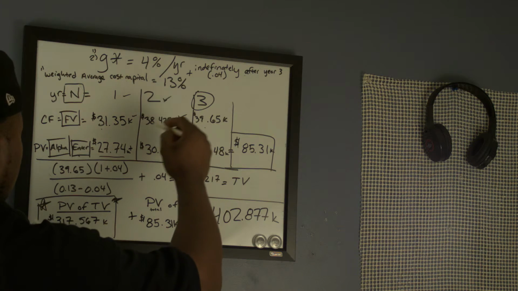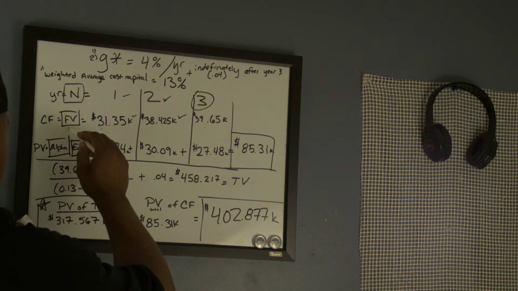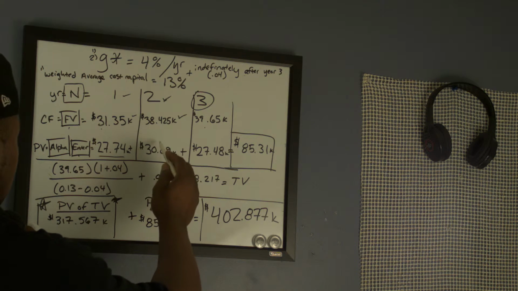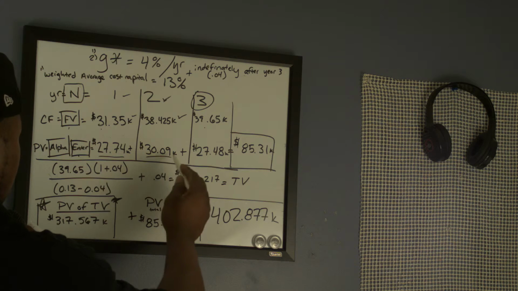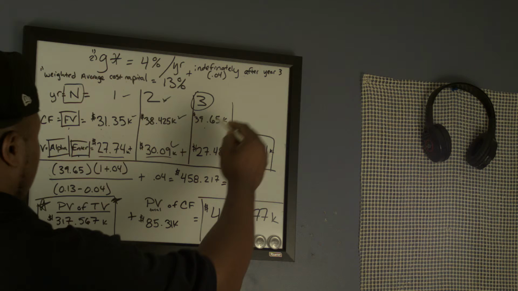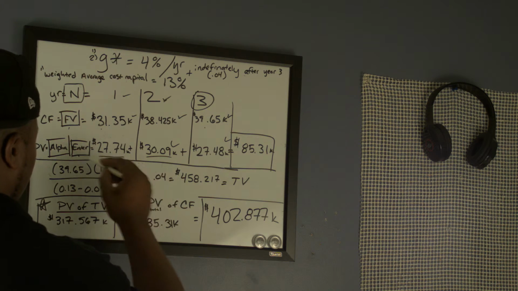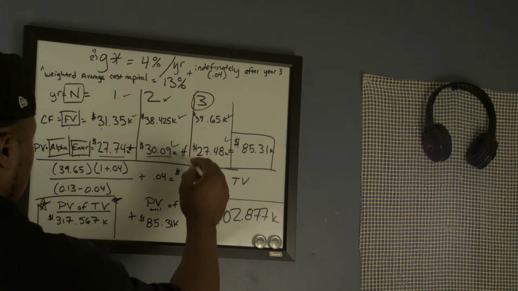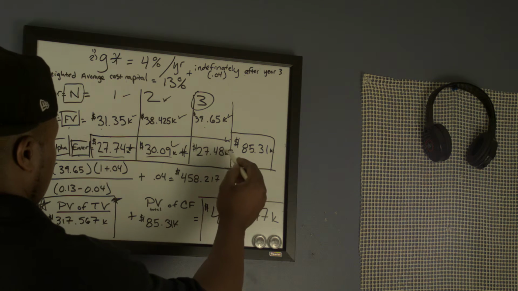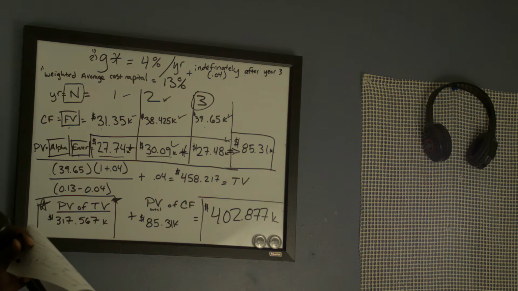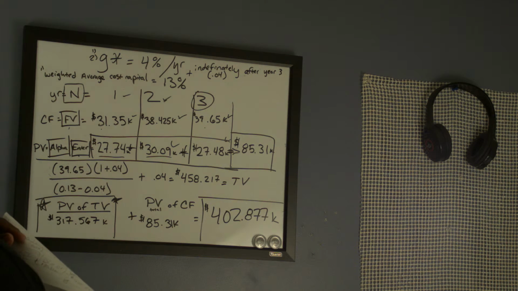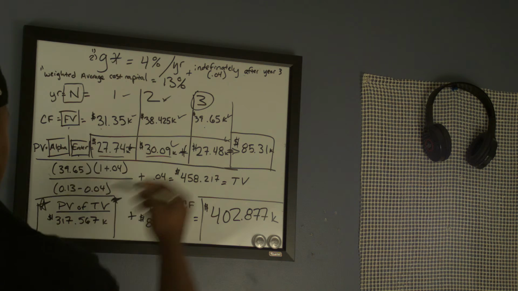Put the year 2 in, you put the cash flow into the future value, and your present value of 38.425 is only 30.09. So once I do that for each of the years, then I add them together. And these three added together all equal 85.31 thousand. And that's in cash flow for 3 years.